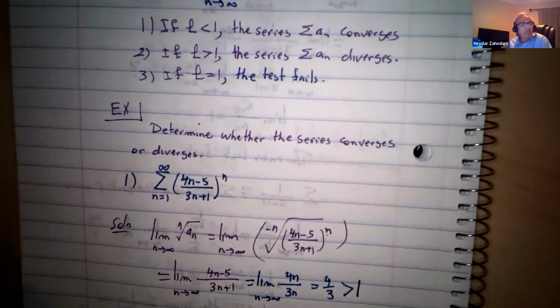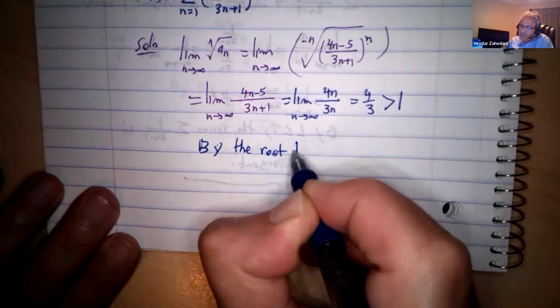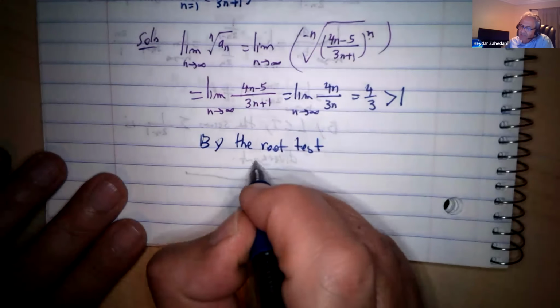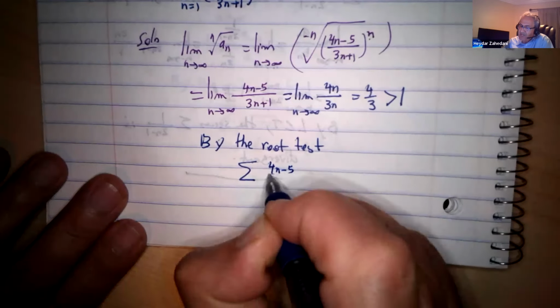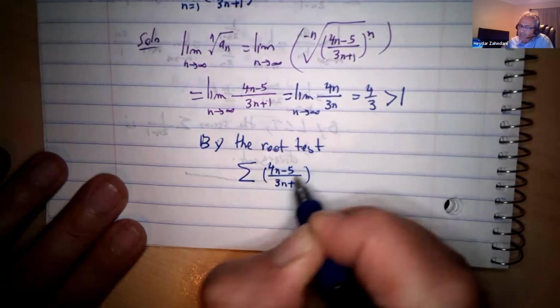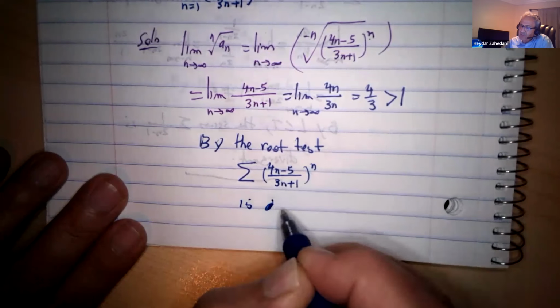So you have to mention which test you are going to use. By the root test, the series sigma of the original one, (4n minus 5 over 3n plus 1) to the n, is divergent. Sorry, is convergent?